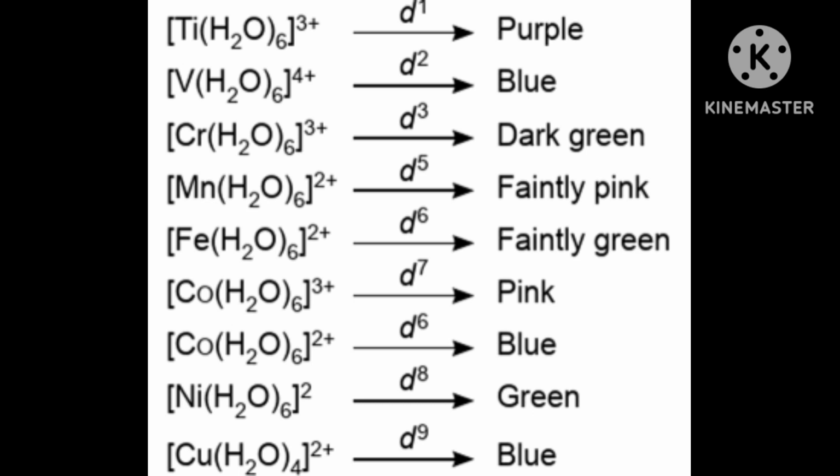Chromium 3+ means d3 electrons. It has 3 d electrons, which are randomly distributed in positions normally occupied by aluminum 3+. Aluminum 3+ is there, and chromium is also there with its d3 electrons.